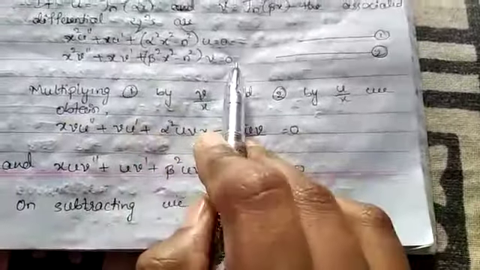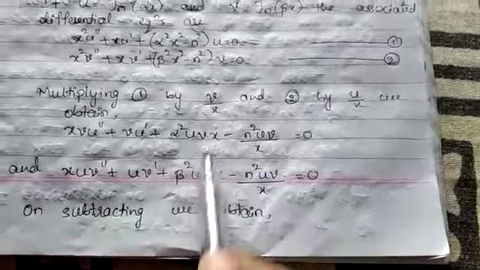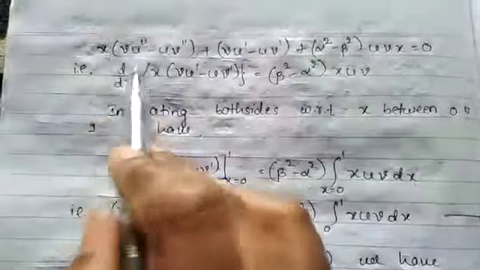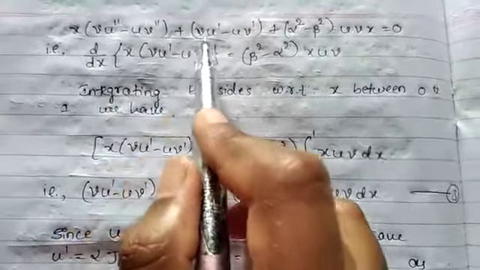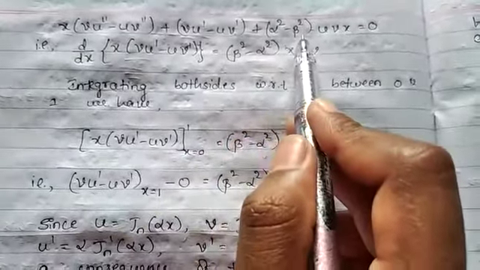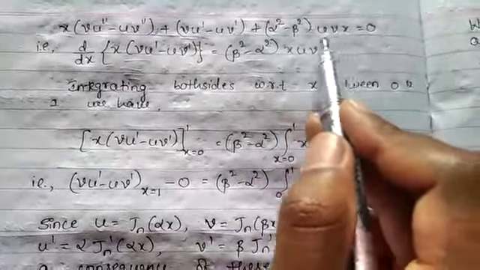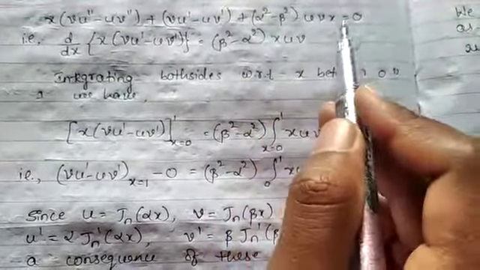Similarly for the second equation. Then subtracting these two equations, taking x common, we obtain x times v u double dash minus u v double dash plus v u dash minus u v dash plus alpha square minus beta square u v x equal to 0.